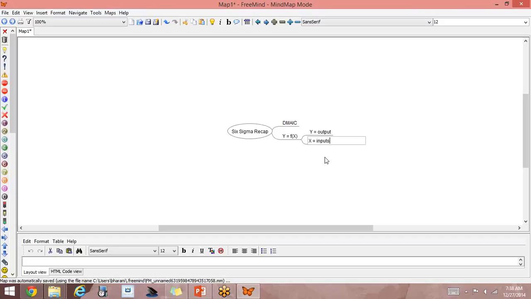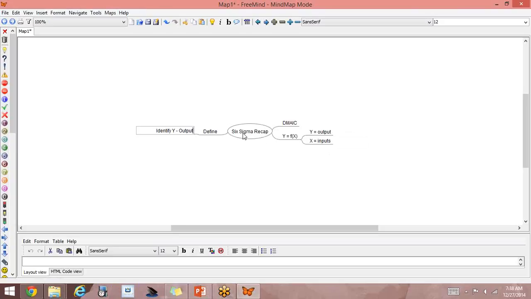All right. So the first phase that we have discussed was the define phase. In the define phase, our entire focus, or the tools and techniques that we have, deal with how to identify Y, or how to identify the output. We have looked into various techniques to identify what your Y is.